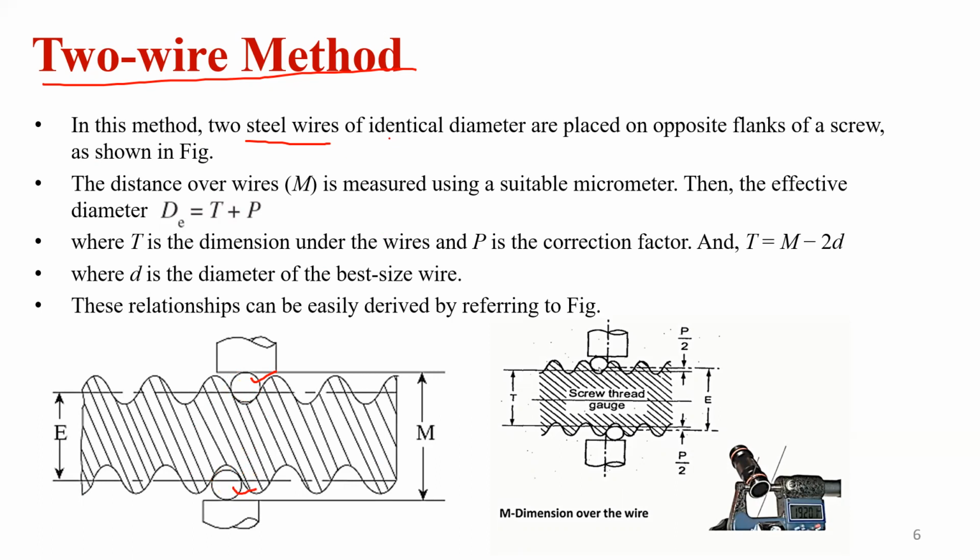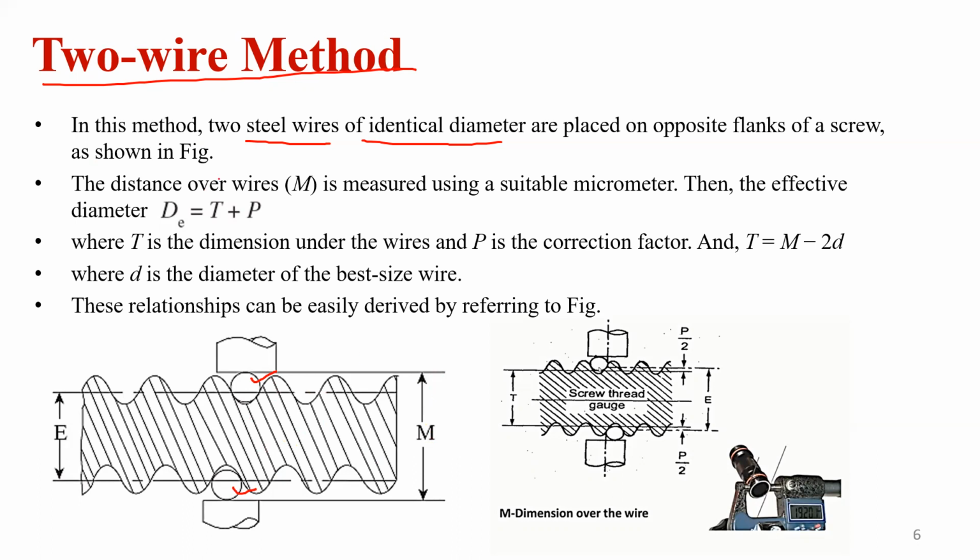Here we consider identical diameters, and these are placed on opposite flanks of the screw thread. And the distance over the wires, that is M, is measured using the micrometer.